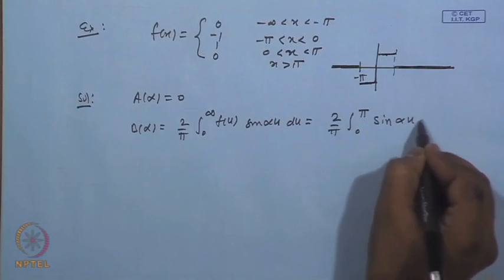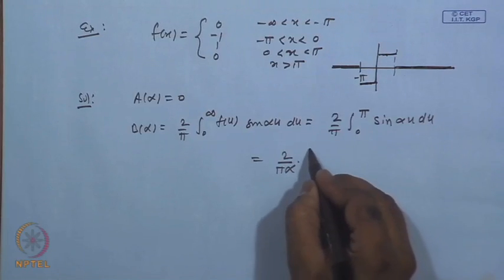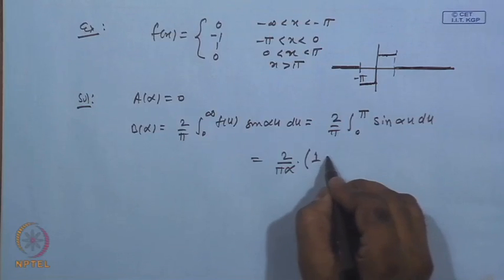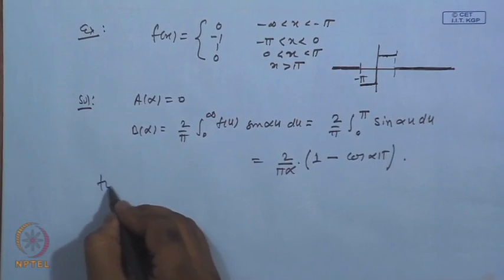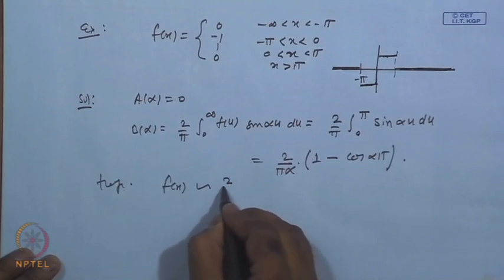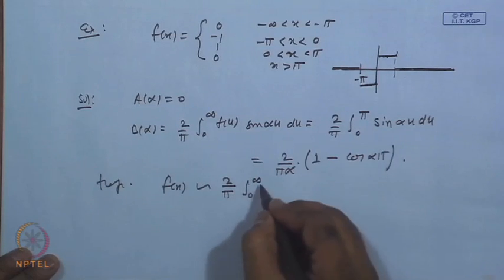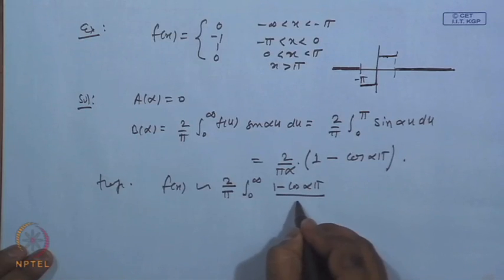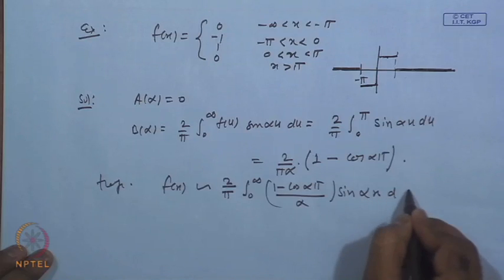So, we have sin alpha u du, and this is 2 over pi alpha, we have cos alpha u with minus sign, so at 0 we will put first, we get minus and 1 minus cos alpha pi. Therefore, the Fourier sine integral representation will be given by 2 over pi, 0 to infinity, (1 minus cos alpha pi) over alpha, and we have sin alpha x d alpha.